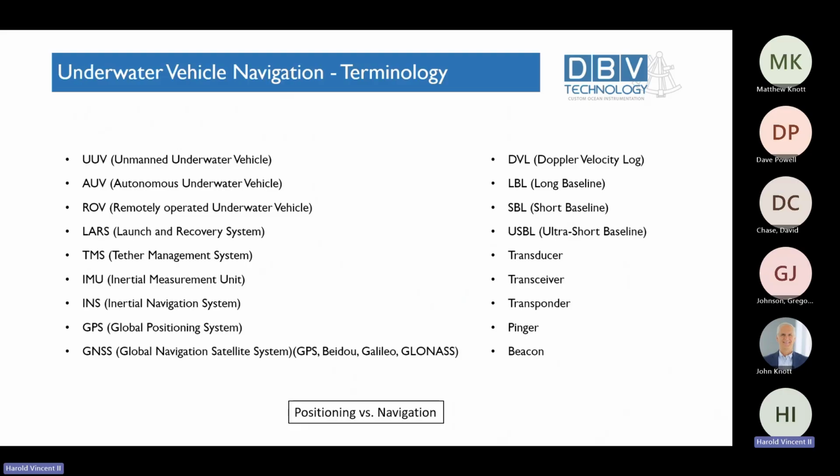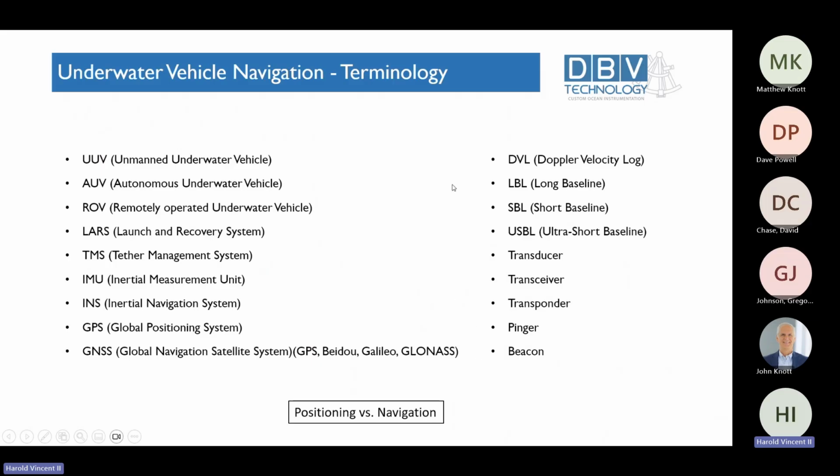And on the navigation and positioning system, there's the global positioning system, GPS, and then more generically, because other countries have developed satellite-based navigation systems, GNSS, or global navigation satellite systems. So GPS for the US, Baidu in China, Galileo with the European Space Agency, and GLONASS in Russia.